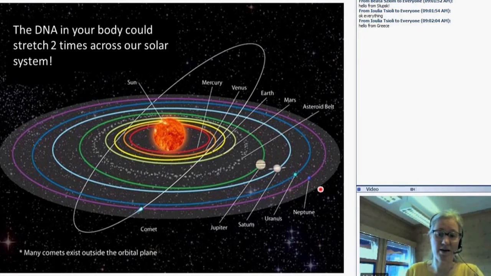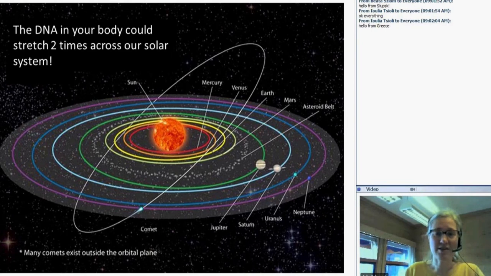Isn't that amazing? That strikes me always as almost unbelievable, that we have such long DNA in our bodies that we can go from the sun to Pluto and back several times over. And that is truly remarkable.